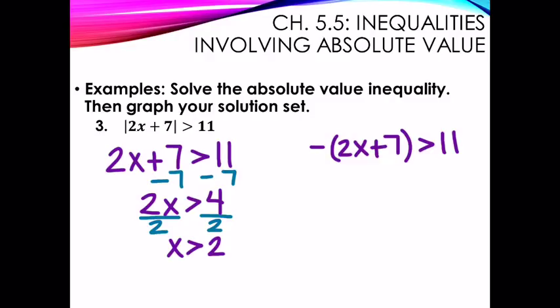Okay, now we're going to go to the other equation, and I like to get rid of the negative first, so we divide by negative 1 on both sides. So on the left, this is 2x plus 7, and because we're dividing by a negative, we're going to flip our inequality, is less than negative 11.